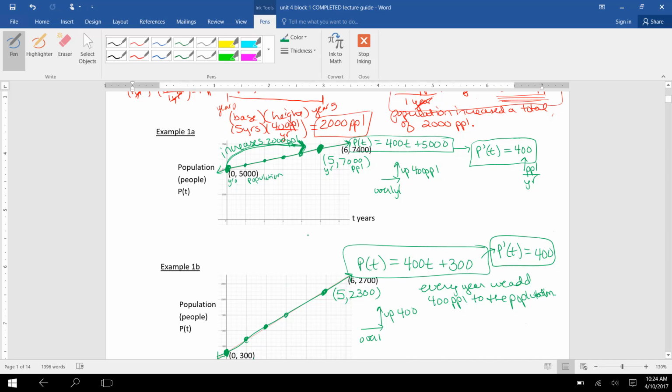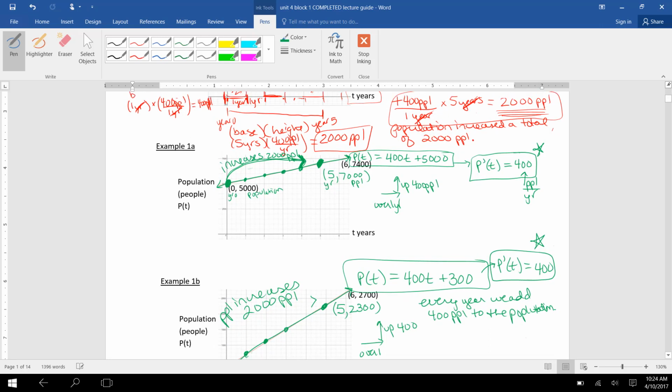But both have a rate, P prime of t equals 400. They have the same derivative. And if you look, example 1b starts at year 0 at a population of 300, and after 5 years pass, the population increases 2,000 people, just like what happened in example 1a. And we only needed the rate function to help us figure that out.